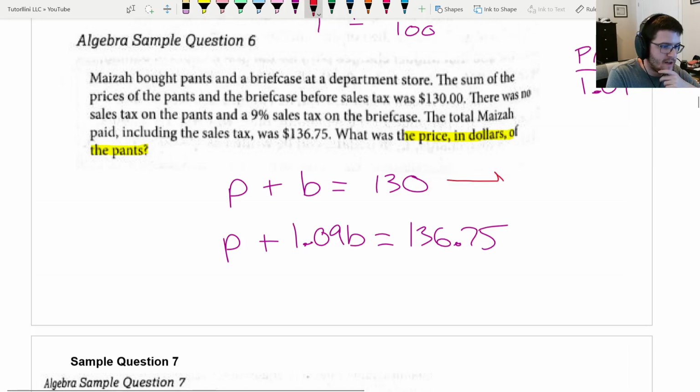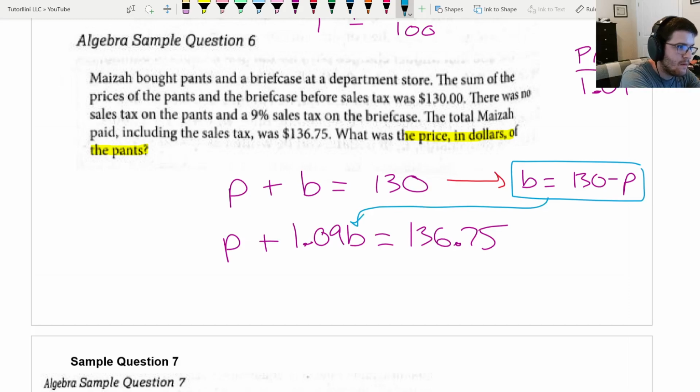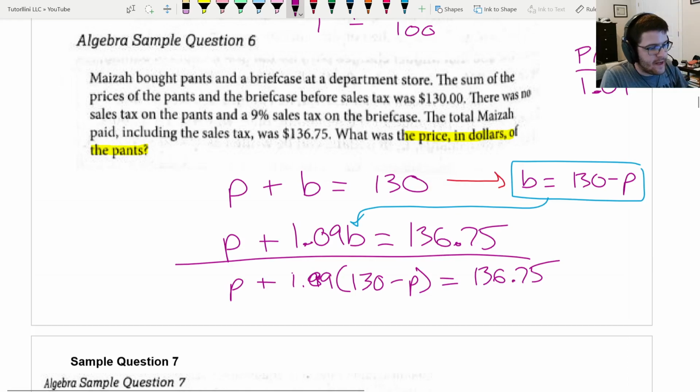So I'm going to get B by itself. If I subtract P from both sides, I get B equals 130 minus P. Now I'm going to plug that in for B. So I get P plus 1.09, and then instead of B, I'm going to write 130 minus P. And we can distribute.